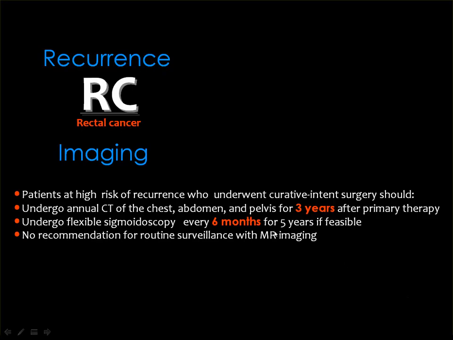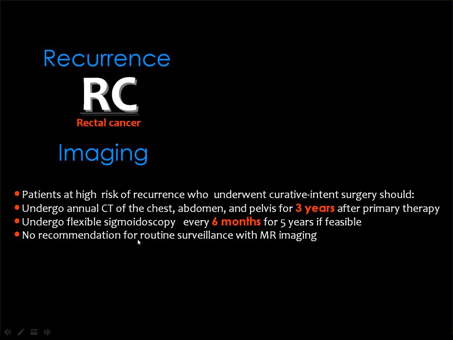In patients with high risk of tumor recurrence, there should be an annual CT scan of the chest, abdomen, and pelvis for 3 years after the primary therapy, and flexible sigmoidoscopy every 6 months for 5 years if feasible.